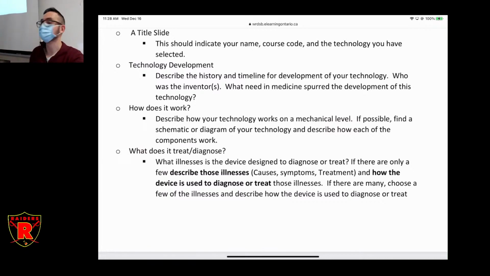Some of them, like if you're picking X-ray, could be applicable to all three. Maybe you'll talk about multiple illnesses, okay? But it only needs to cover one, specifically of those three systems. So don't pick something that is specific to the limbic system or something that's specific to the nervous system. It's got to be one of these three.